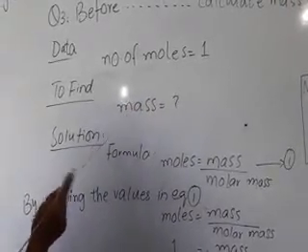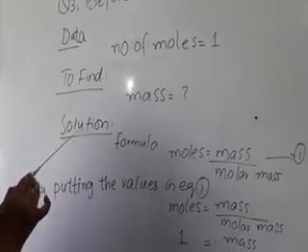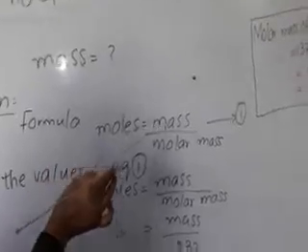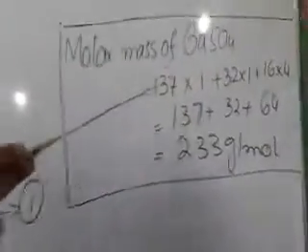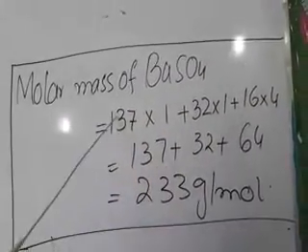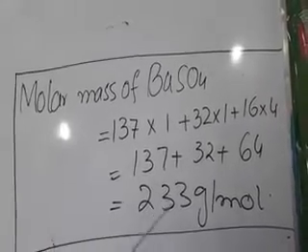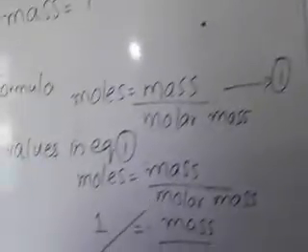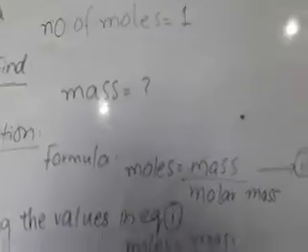So to find mass. Coming to solution, writing formula, moles is equal to mass over molar mass. Now calculating molar mass of barium sulfate there, using the strategies as we discussed earlier in great detail. So you have to follow the steps, calculated it, it's 233 grams per mole. Now placing all the values from the data and the calculated molar mass in equation number 1.